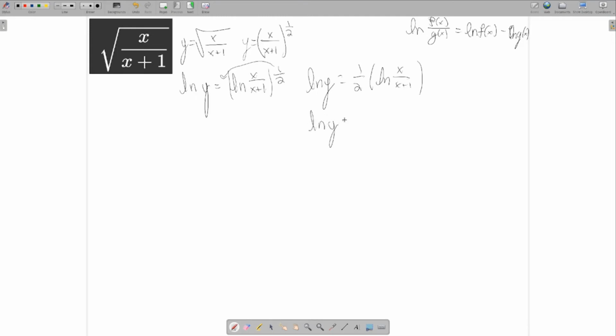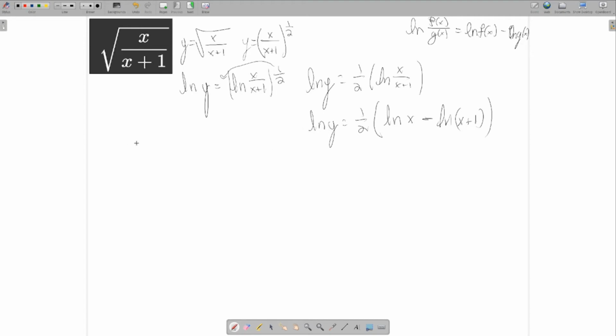Natural log of y equals 1 over 2 times, make sure to keep this in parentheses, natural log of x minus, because you have this division, minus the natural log of x plus 1. Now we want to keep everything in parentheses just to make sure we don't make any silly errors.